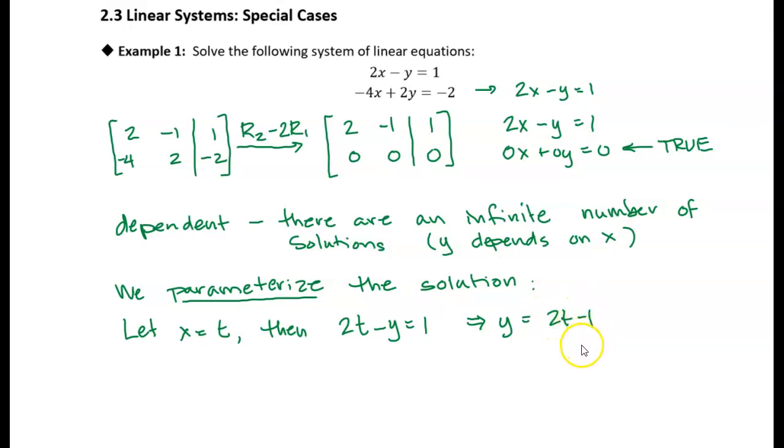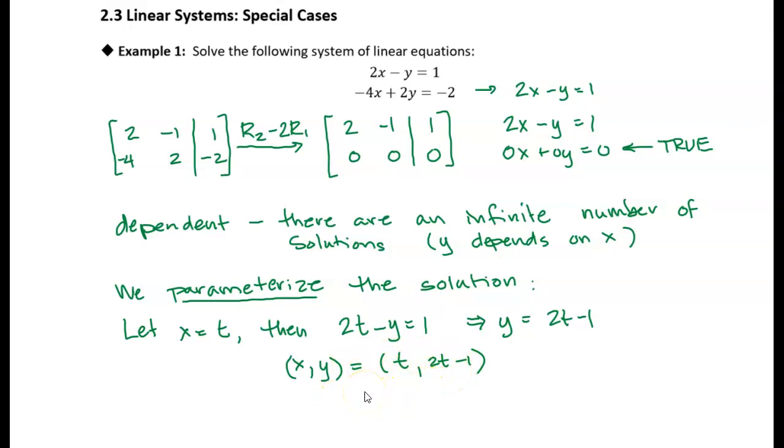Okay, so we can parameterize the solution. So we can say that (x, y) is equal to (t, 2t minus 1). Okay, so our solution depends on t. We can pick a value for t, and then that will give us the point.